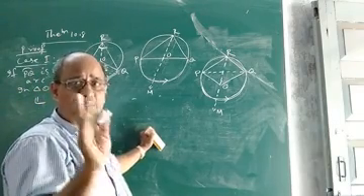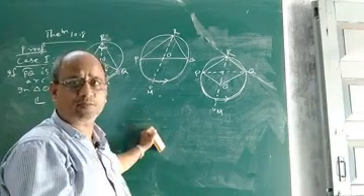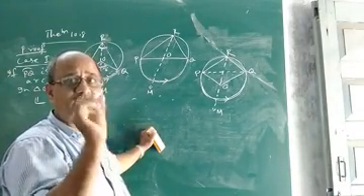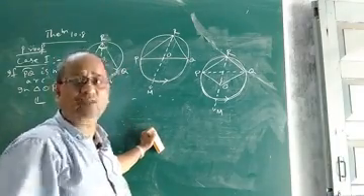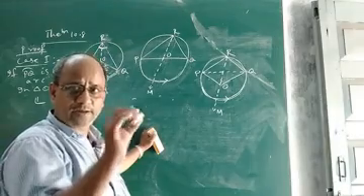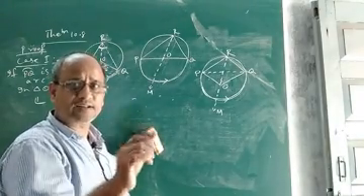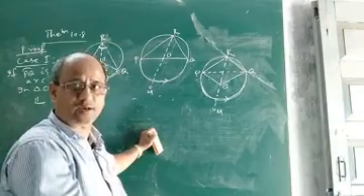An exterior angle is always equal to the sum of the interior opposite angles in a triangle, which is known as the exterior angle property we read in class 7. Whenever an exterior angle is formed by producing one of the sides, that exterior angle will be equal to the sum of the interior opposite angles.